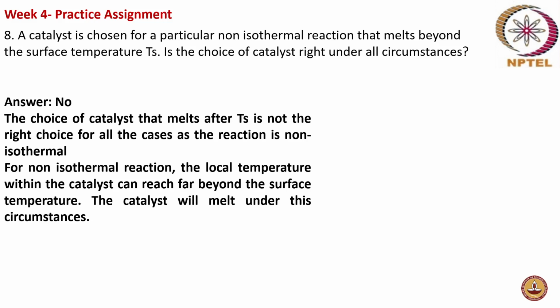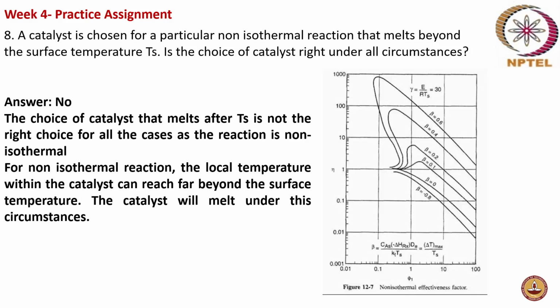Okay, so that is the answer. Why is it this scenario? As discussed in the non-isothermal effectiveness factor, the effectiveness factor for a non-isothermal condition becomes a function of beta and gamma, where beta is the maximum temperature difference, T max minus Ts, divided by Ts, and gamma is E by R Ts, which is nothing but the Arrhenius activation energy with the surface temperature.